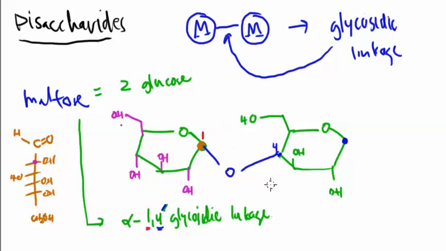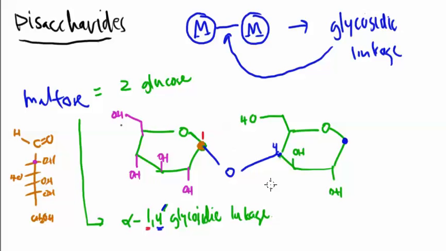But this is an example of a disaccharide, an alpha 1,4 prime glycosidic linkage. So number 1 carbon, number 4 carbon, we have a bond. That bond is a glycosidic linkage, and the direction is determined by the alpha or beta that goes in front, and that is the structure for maltose.